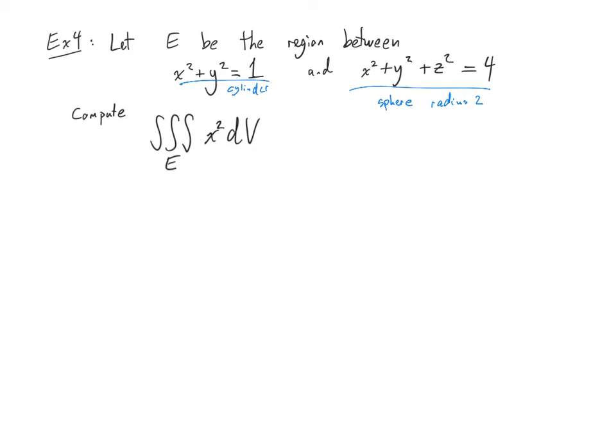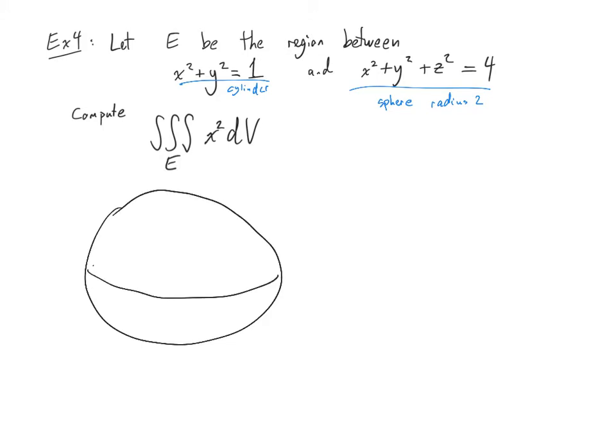So my overall image for this problem should be in my head is that I have this radius 2 sphere, and then inside of it I have, if I stop here at radius 1, a cylinder.